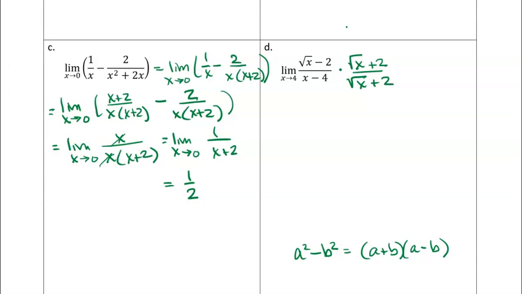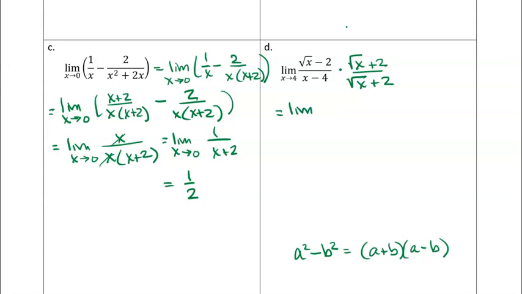Notice the square root of x plus 2 is the conjugate of the square root of x minus 2, so when we multiply those together, we get the difference of two squares. And the square root of x plus 2 over the square root of x plus 2 is just 1.